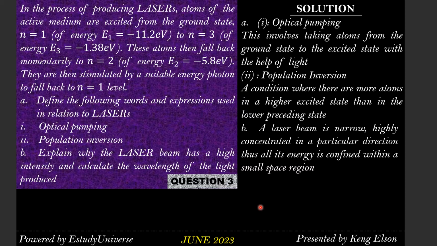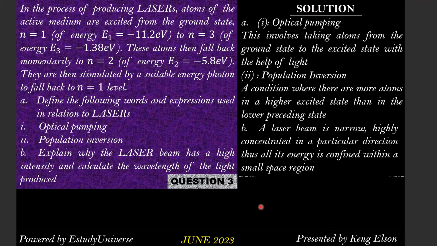So the only two energy levels we are going to use here are n equal to 2 and n equal to 1, because the photon came when it was at energy level n equal to 2 and sent it back to the ground state, which is n equal to 1. You can see the relationship between the given paragraph and optical pumping as well as population inversion.